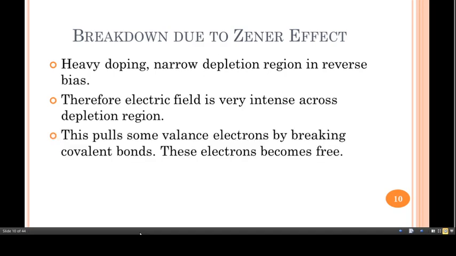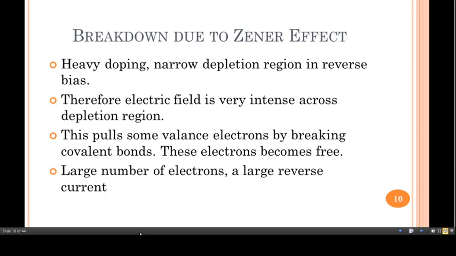This will pull some valence electrons by breaking the covalent bonds, and these electrons are now free. Whenever such a large number of electrons are free, a large reverse current flows through the diode, and this is called a breakdown due to the Zener effect.